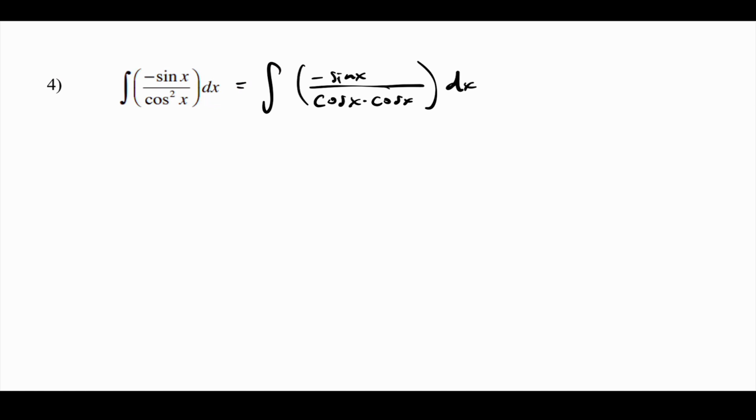The bottom is cosine times cosine, and the top is just sine of x. So what I'm going to do here is say sine of x times one of those, and then the other one I'm just going to have by itself.